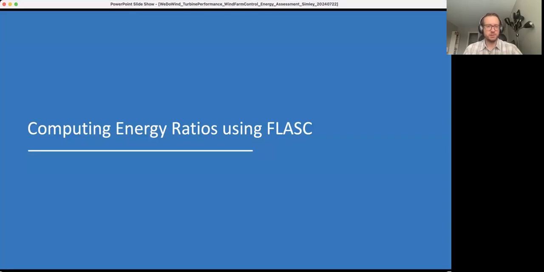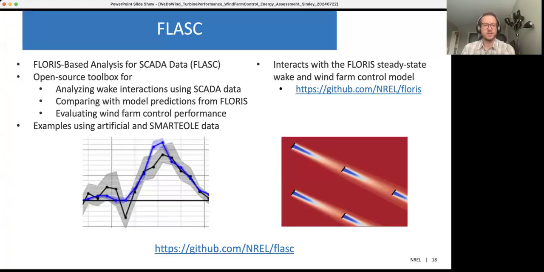All right, so next I wanted to go through how we can calculate these energy ratios using our FLASC software at NREL. So FLASC stands for FLORIS-Based Analysis for SCADA Data. And it's open source software on GitHub, and it's used for analyzing the wake interactions and wake losses in wind plants using SCADA data, comparing those wake losses to model predictions from FLORIS, and then evaluating wind farm control performance using SCADA data and comparing that to FLORIS.